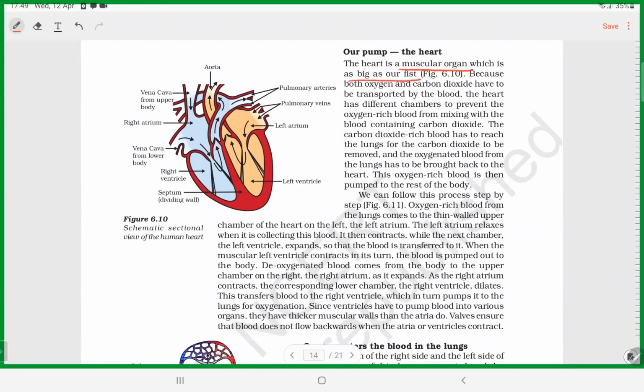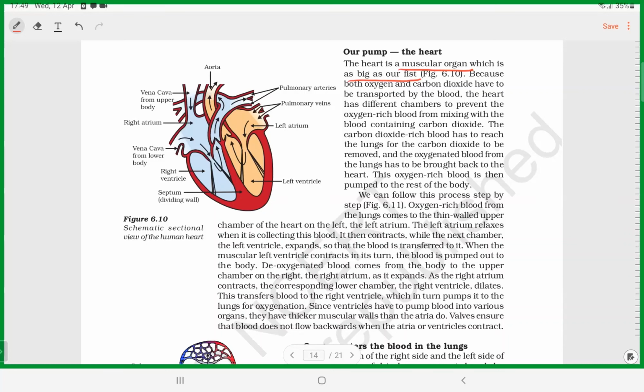As big as our fist. Close your palm fingers like this, and this is the size of your heart. Where is it located? In the thoracic cavity, slightly tilted to the left side. There it is located.